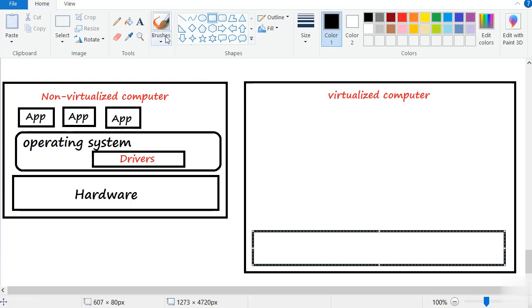A virtualized computer will have hardware.